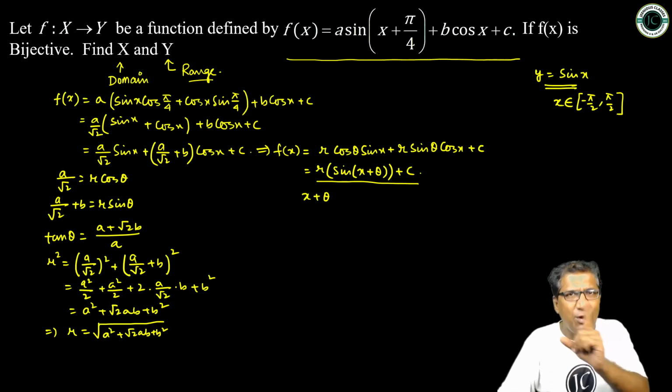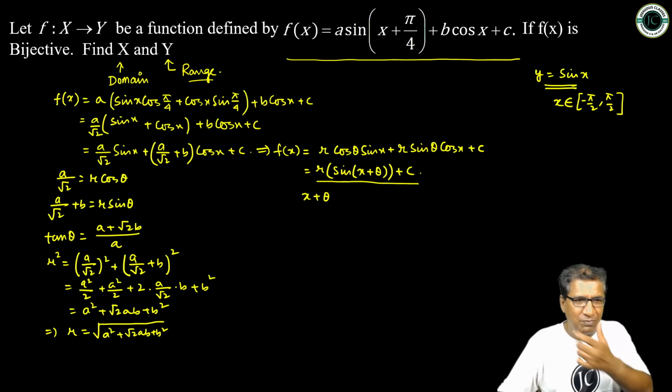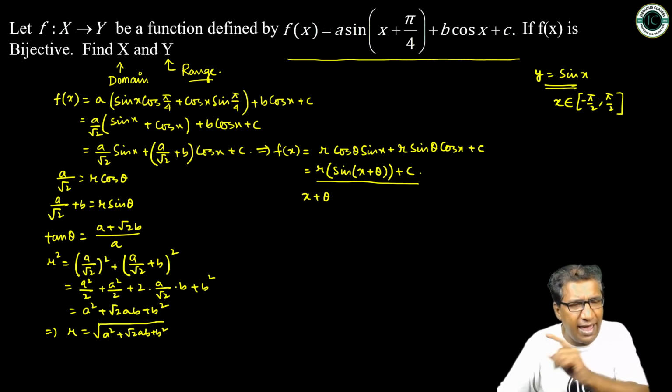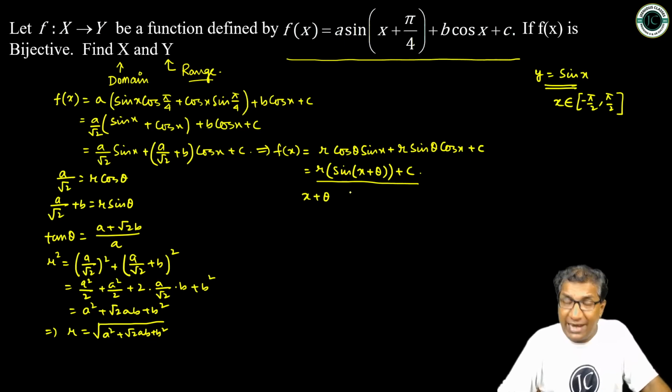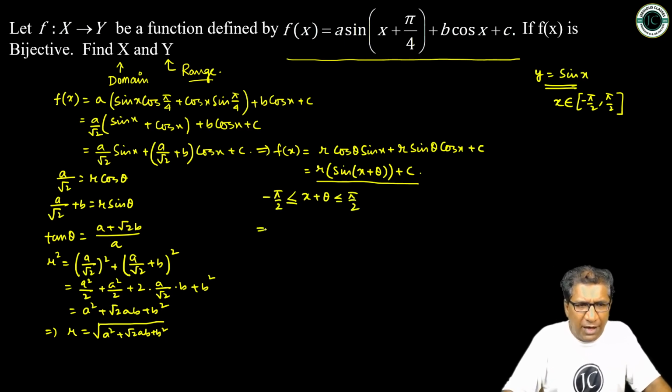Is it clear? Can you remember it? I have already done this in inverse trigonometric functions. So in this case, अगर इसको bijective होना है, इसका मतलब x plus theta को मुझे लाई कराना पड़ेगा from minus pi by 2 से pi by 2 के अंदर. इसका मतलब क्या हुआ?